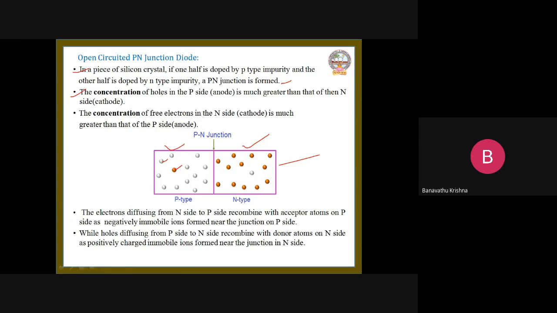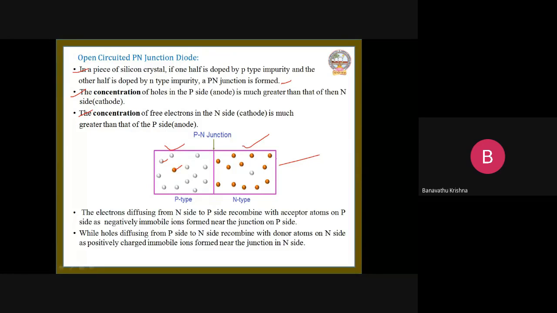Here, the concentration of holes in the P side, which is the anode terminal, is much greater than that of the N side. Similarly, the concentration of free electrons in the N side is much greater than that of the P side.